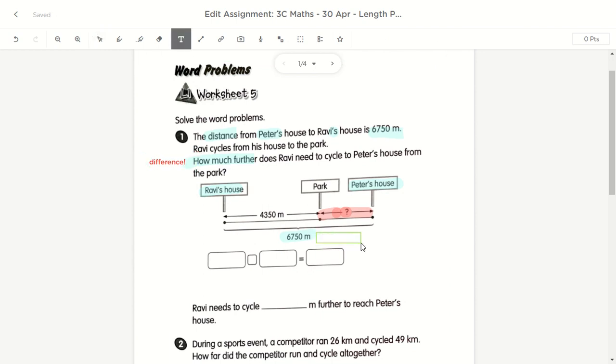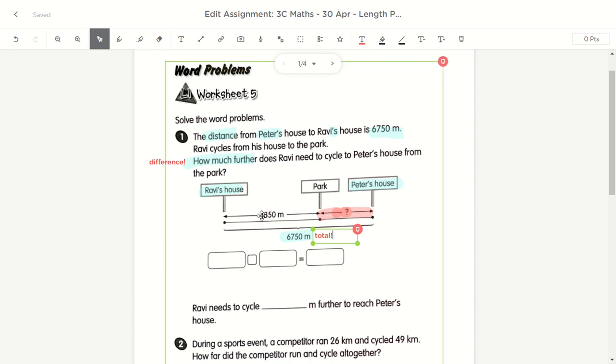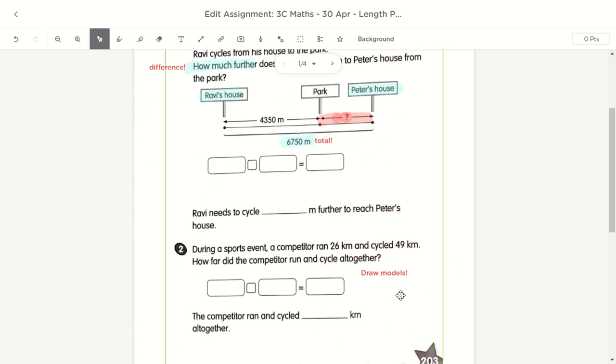So this is the total distance, and then you have this part of it, which is 4,350, from Ravi's house to the park. So they're asking you how much it is from the park to Peter's house. Quite straightforward. You can definitely find this part knowing that you're finding the difference. Okay, so next question.